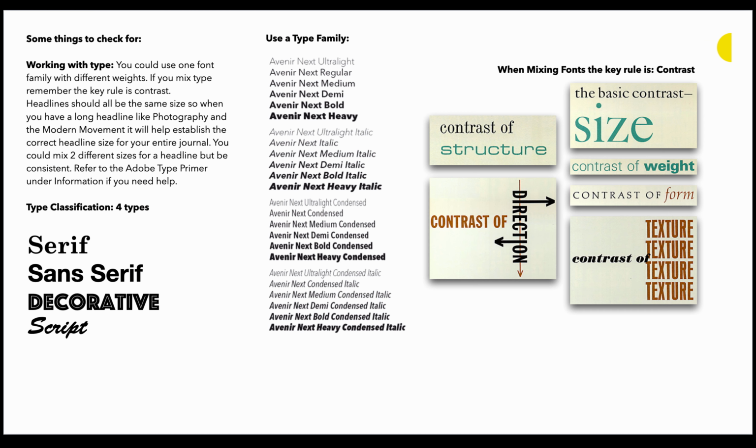Like let's say the first line of the type, photography and the, would always be a larger point size. And then modern movement would be always a smaller secondary size. Then whenever I have a really long headline like corporate identity and visual systems on the second line, I'd use those same exact point sizes.